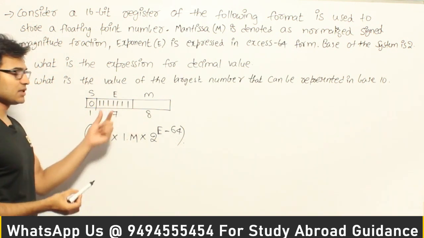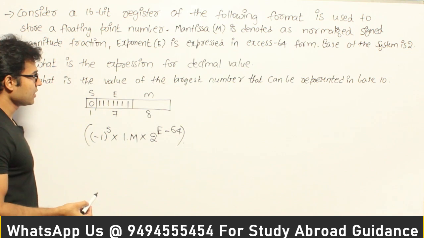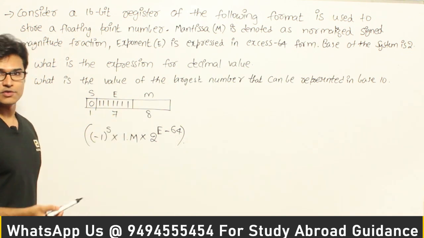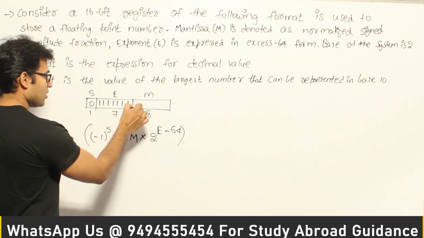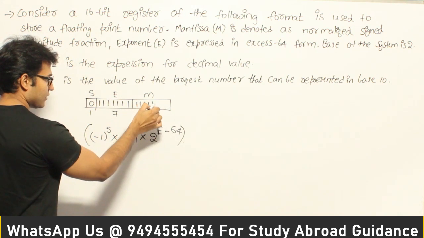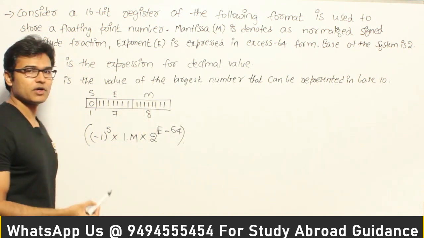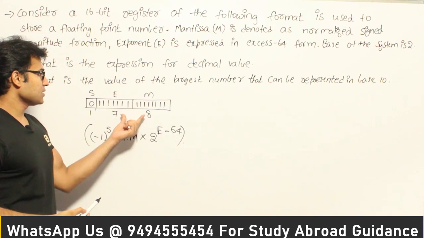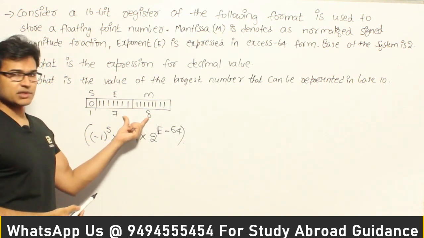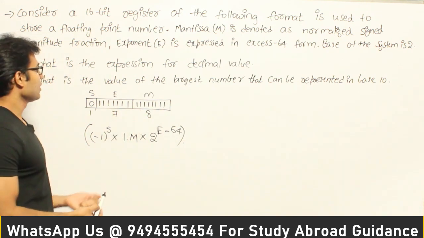If there are 7 ones, that is the largest exponent possible, isn't it? And what about mantissa? That too has to be as large as possible. So 1, 2, 3, 4, 5, 6, 7, 8. Correct? So now this is the largest number possible that can be represented using these 16 bits.